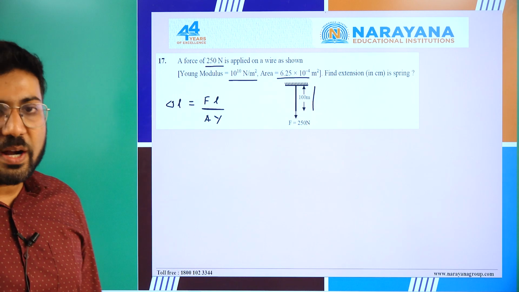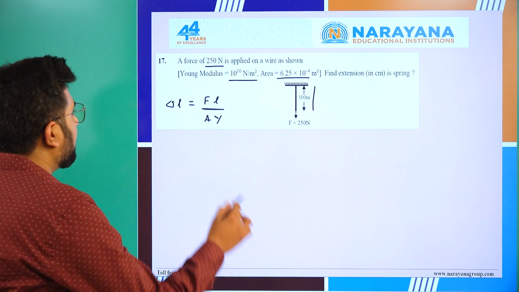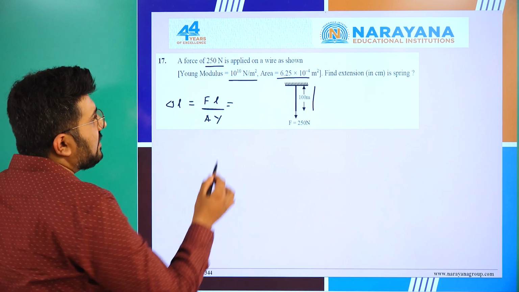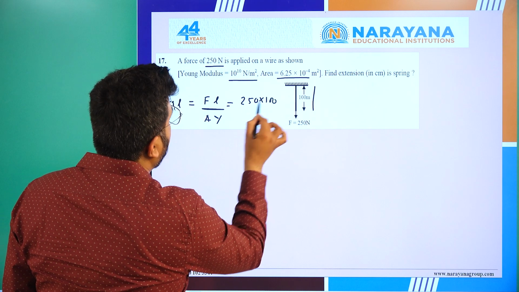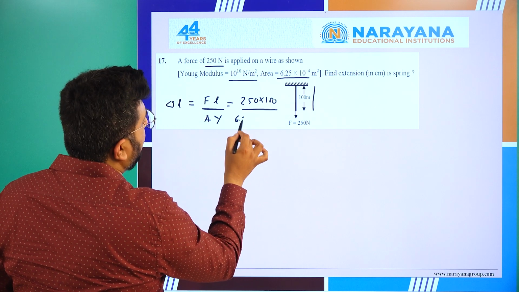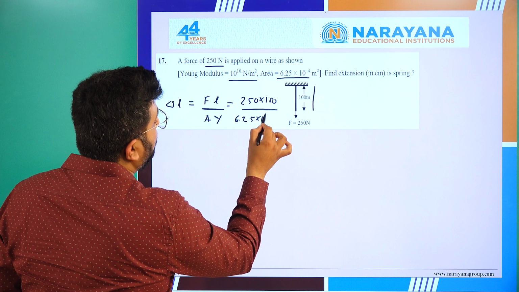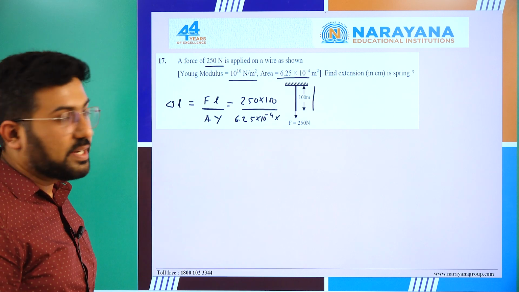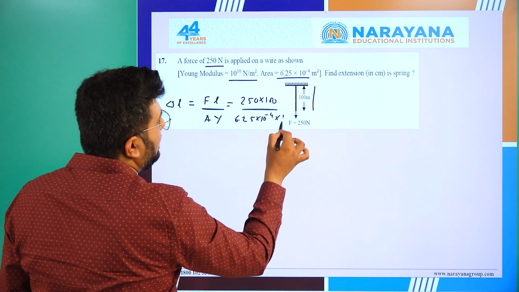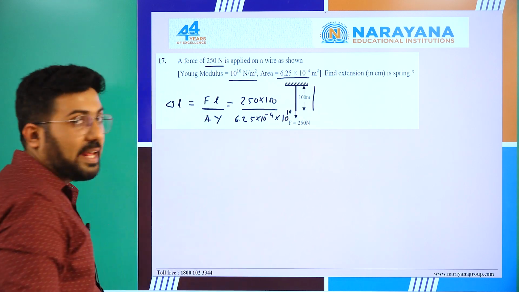Okay. So, that means the force is 250, the length is 100, area of cross section is 6.25 into 10 raised to the power minus 4 meter square, all given in SI unit only, and the Young's modulus is 10 raised to the power 10.